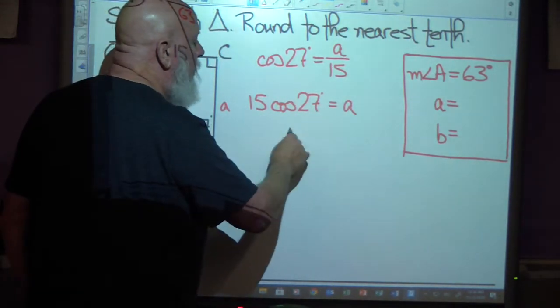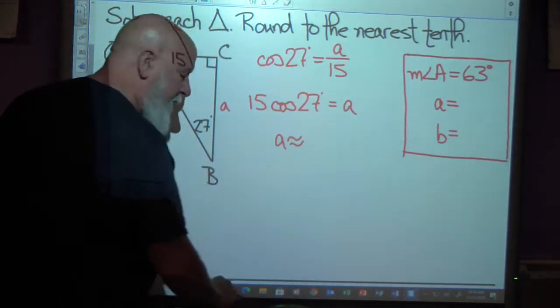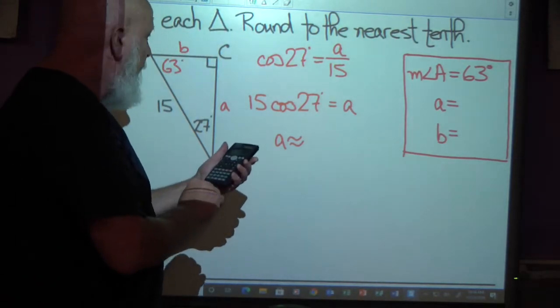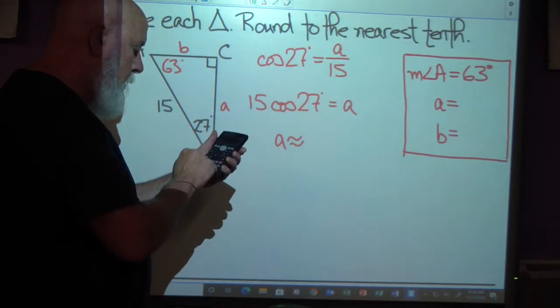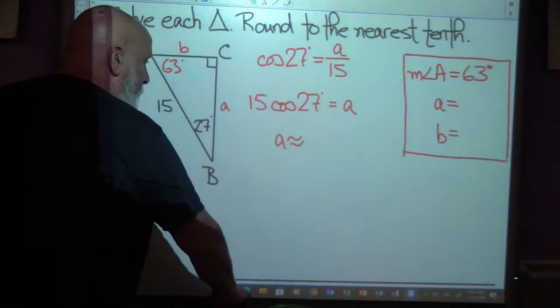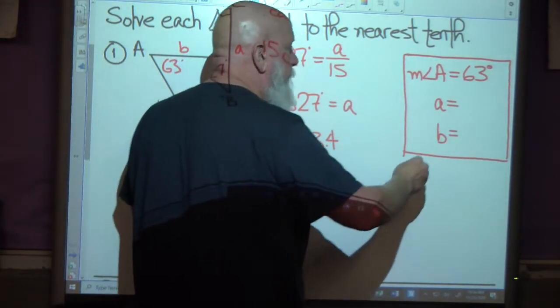Then I'm going to evaluate this with my calculator and round it to the nearest tenth. That will give me 15 cosine 27 is approximately 13.4 units.